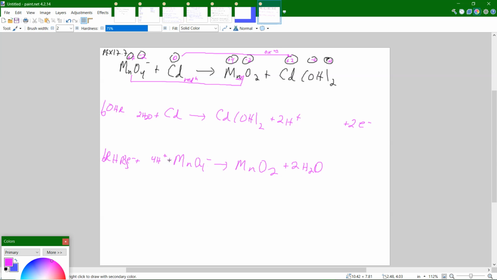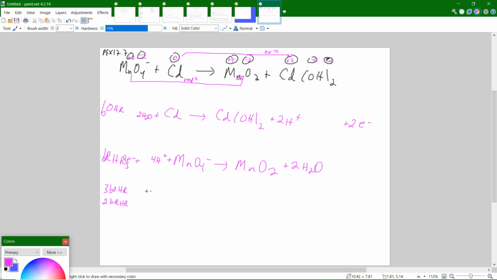Now this is a good one because this is the first one we've seen where we're going to have to manipulate both equations because the least common multiple of 2 and 3 is 6. So we're going to have to take 3 times the oxidation and 2 times the reduction.